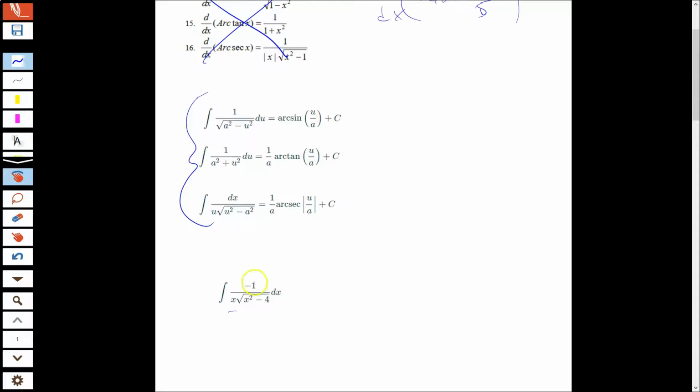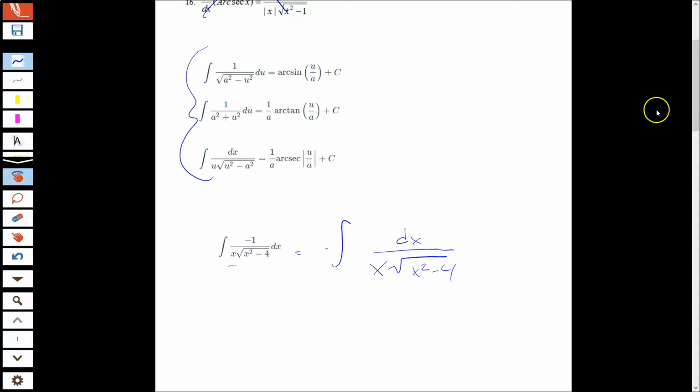This one has a negative, so I'm just going to factor that out to start. And then I have dx. So this follows the formula quite nicely, right? Because if I'm following this form, I have u is x, a is 2. So I'm just going to note that u is x, a is 2.